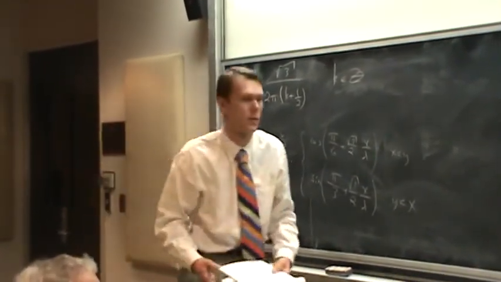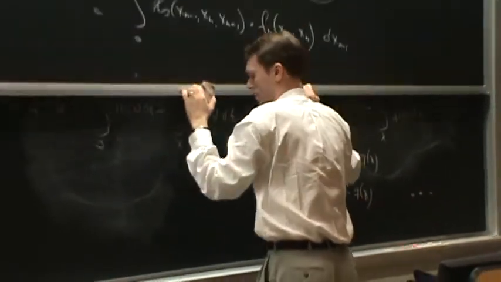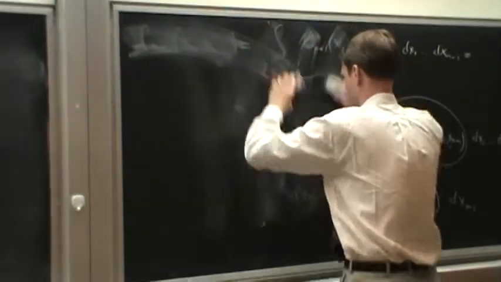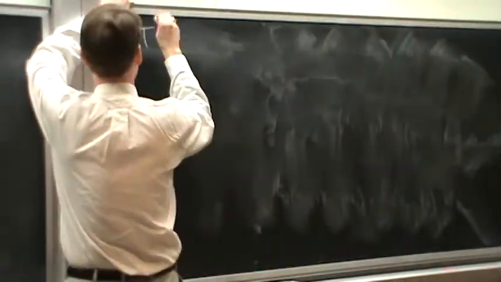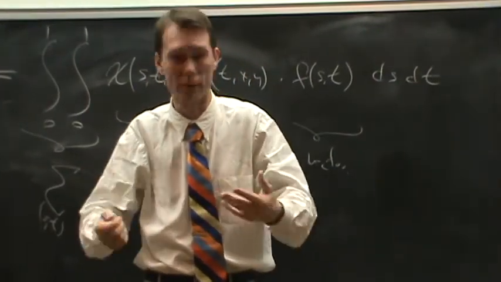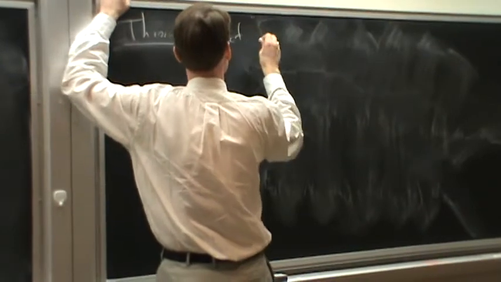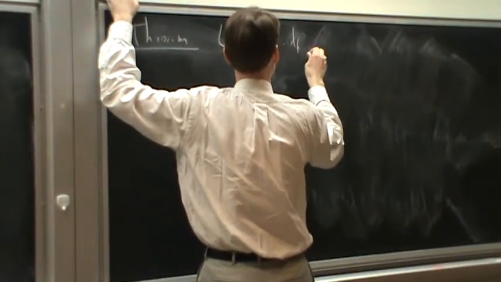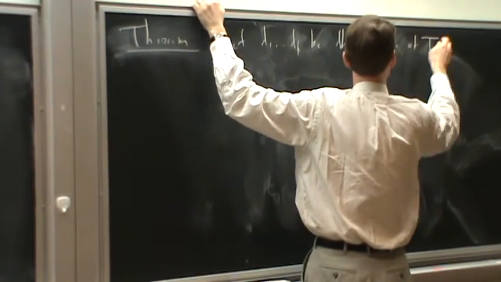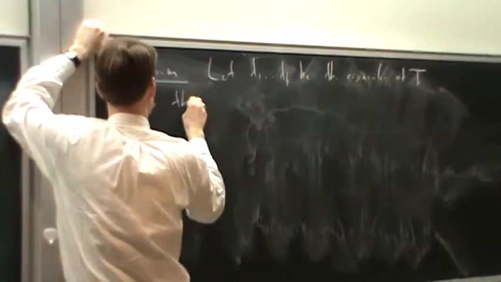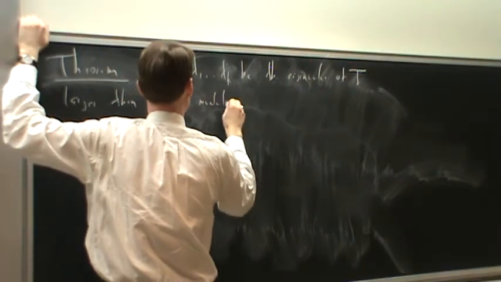Well, then, theorem, and now you can sit down, do your analysis, and prove a result like this, that lambda 1 through lambda k be eigenvalues of T larger than r in modulus.